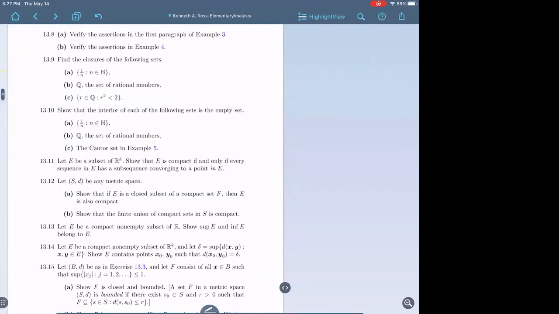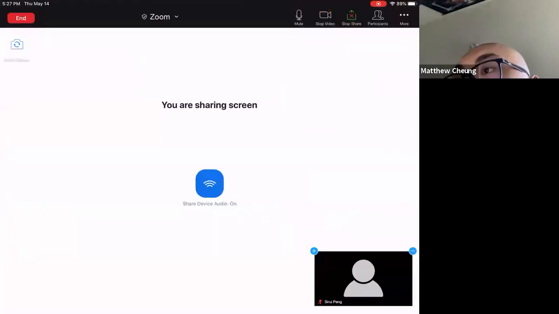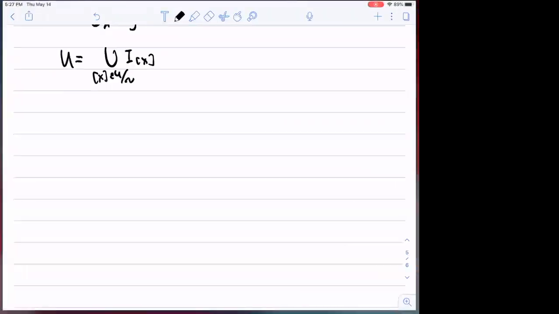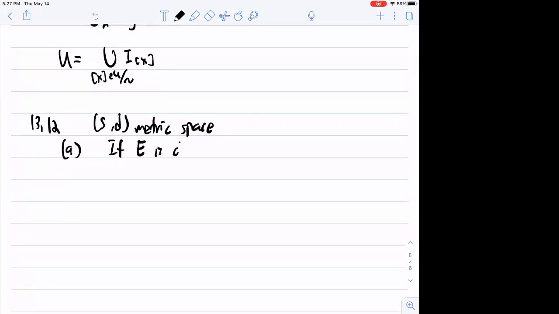If E is a closed subset of a compact set F, then E is compact.